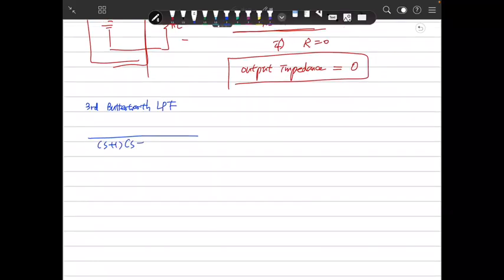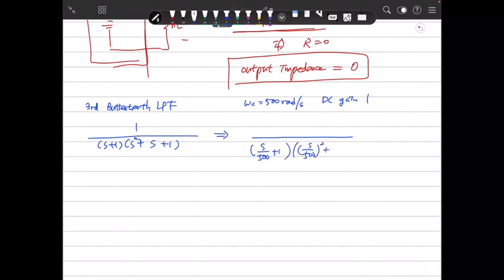So that was s plus 1, s squared plus s plus 1, and 1. The cutoff frequency omega c is 500 radian per second. Then the DC gain was 1. That means scaling, so there will be s over 500 plus 1 and s squared over 500 squared plus s over 500 plus 1, and 1.